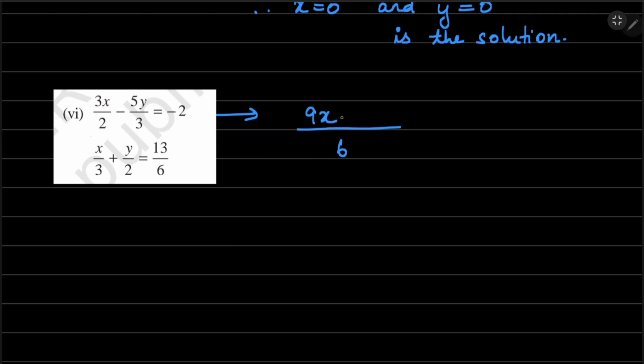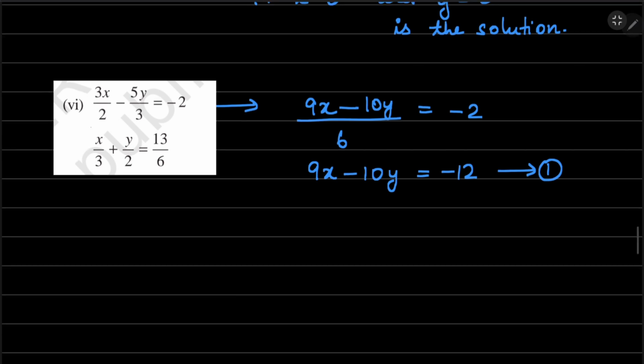So the numerator 9x minus, again 3 multiplied by 2 multiplied by 5y is nothing but 10y. So minus 10y equal to minus 2. Cross multiply. So you get 9x minus 10y equal to minus 12. Let this be equation 1. So whenever you're given fractions, let's take the LCM and remove the fraction.